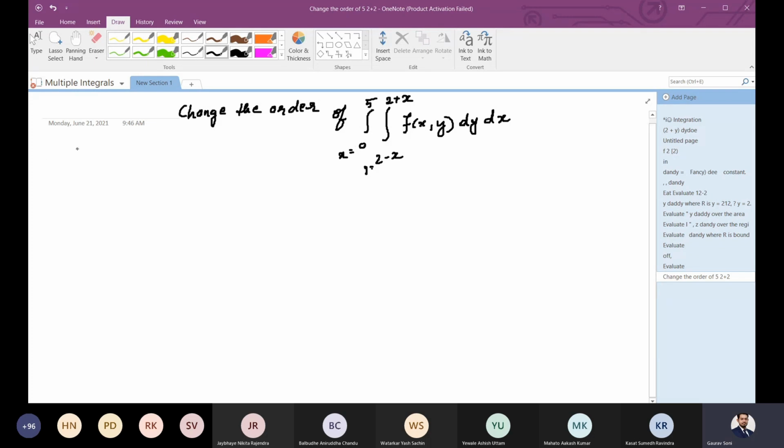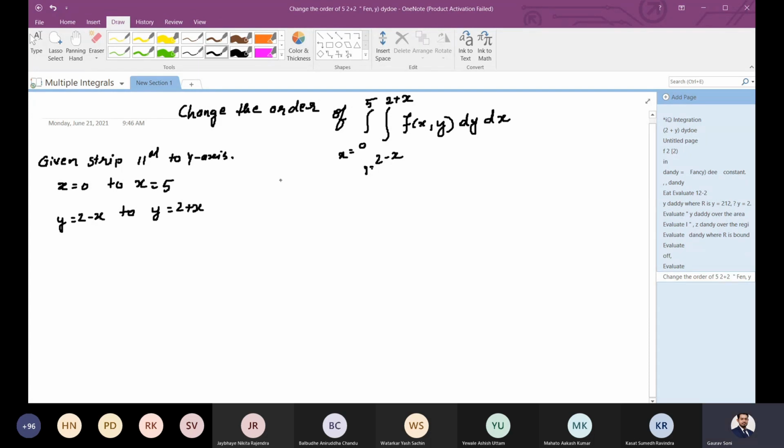As x is constant, given strip is parallel to y axis. x is running from 0 to x equal to 5. y is running from 2 minus x to y equal to 2 plus x.